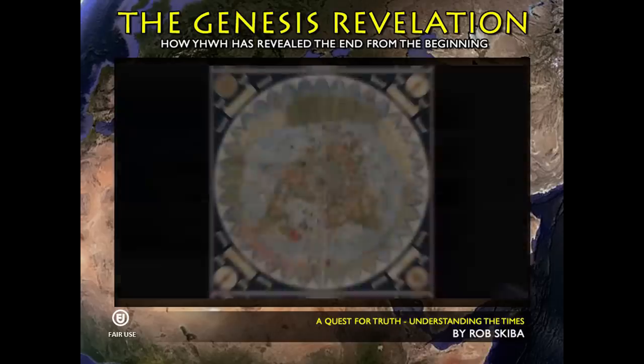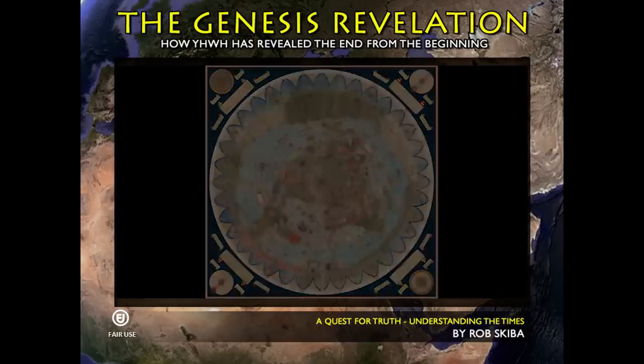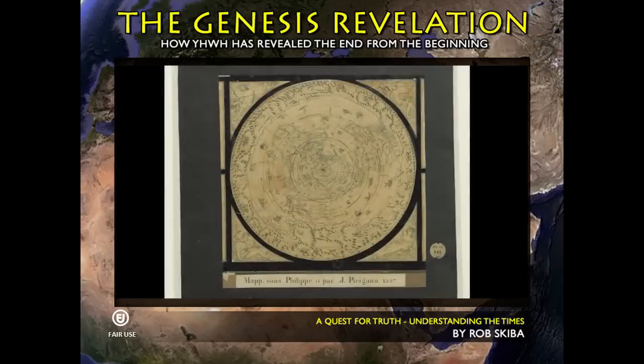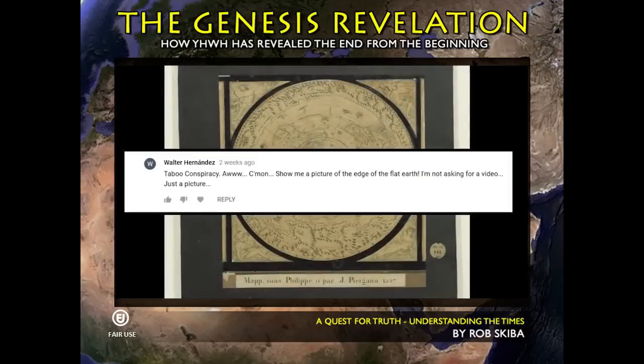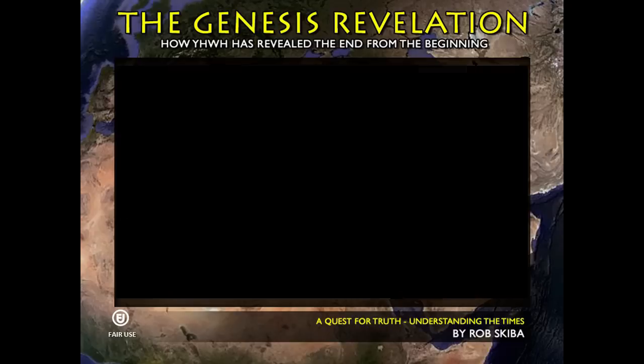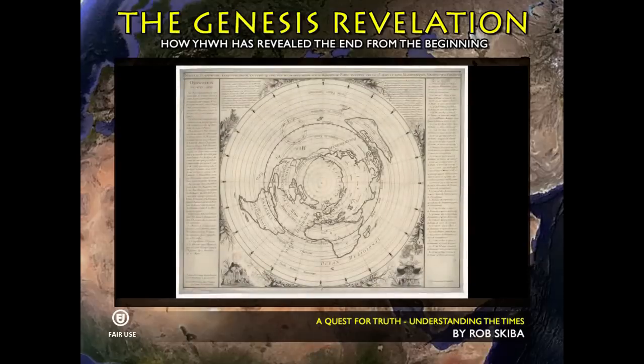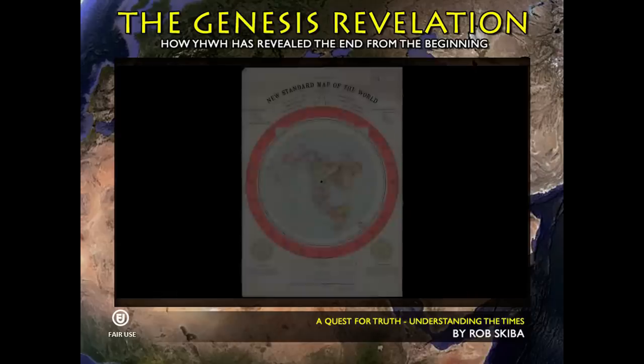Welcome, everyone. This video is in response to the many globe propagandists who demand that I show a picture of the edge of the flat Earth. For the dozens of these ball-loving zealots with multiple sock puppet accounts, who repeat this mantra daily, your demand is ridiculous. But you probably already knew that, right?